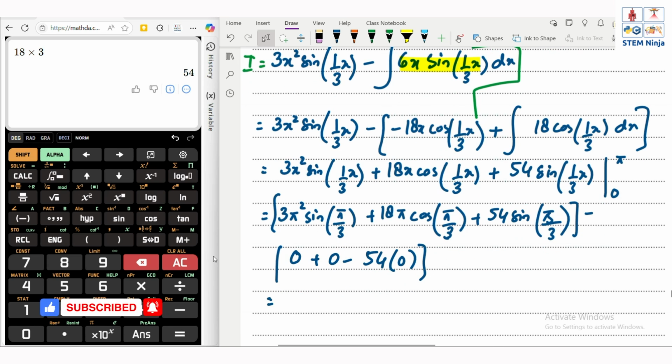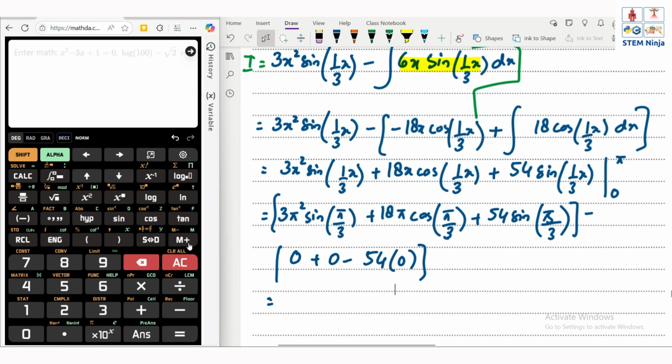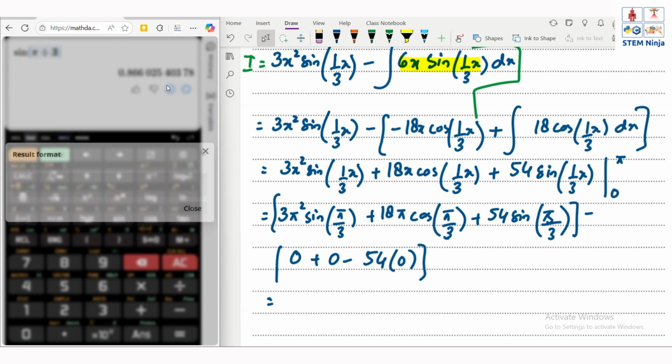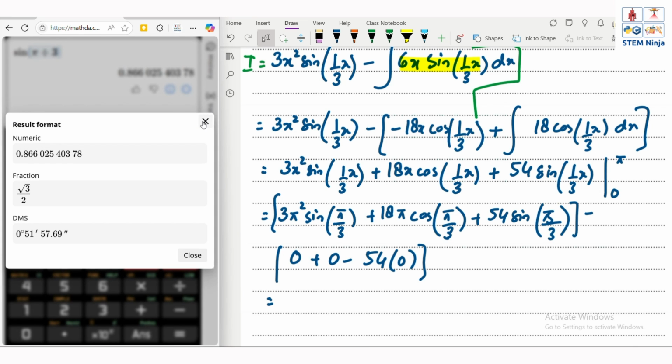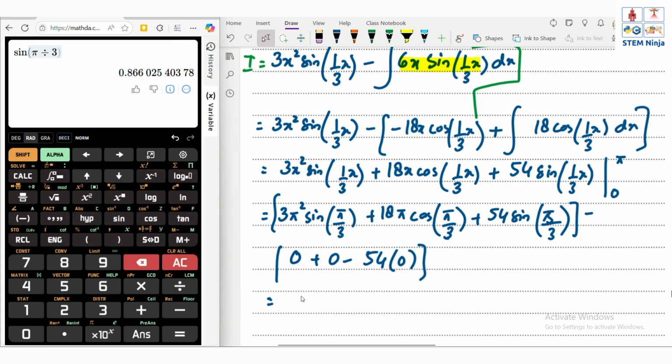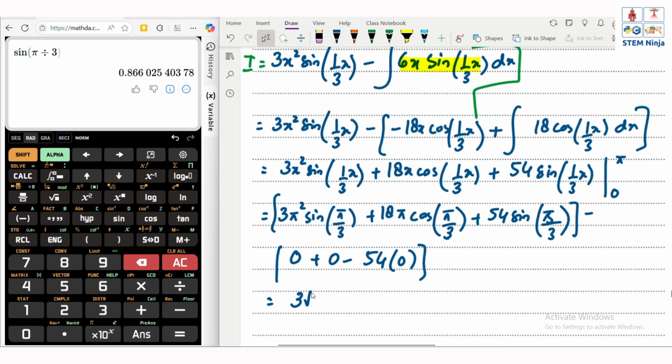So that leads us to sine pi by 3 is root 3 over 2, and cos pi by 3 is 1/2. So 3 root 3 over 2 pi squared plus 9 pi, because 18 divided by 2, cos pi by 3 is 1 over 2.